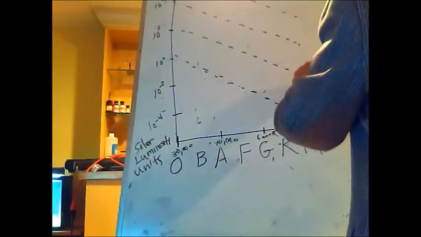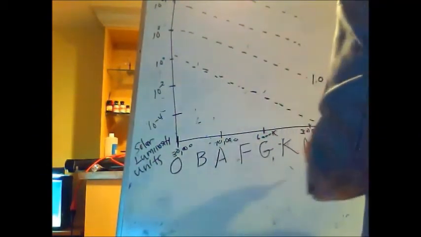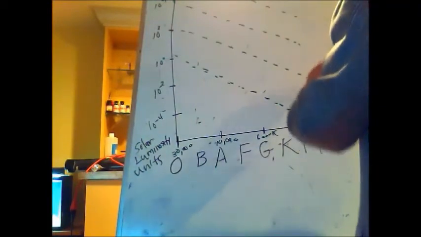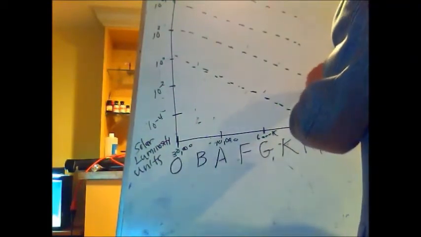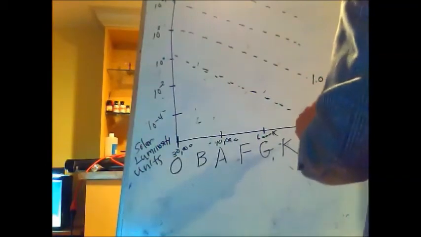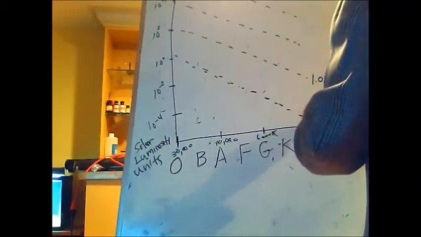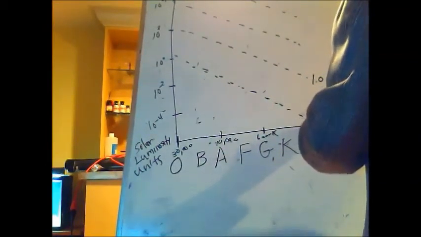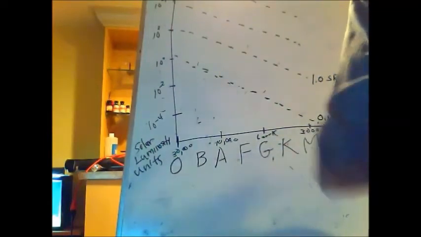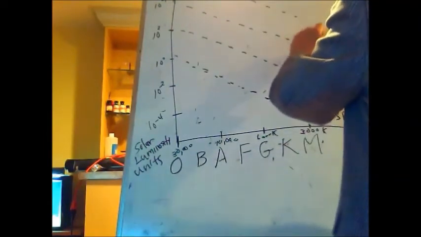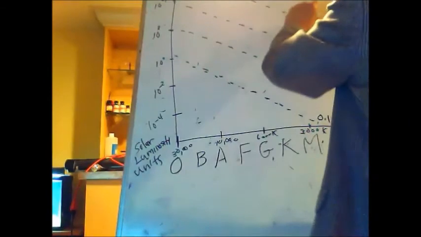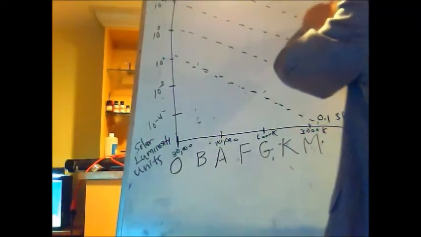So for a star that has the radius of the sun, we'll call that 1.0 solar radii. Then this would be the line for a star that would be 0.1 solar radii, and this would represent 10 solar radii, and this would represent 100 solar radii.